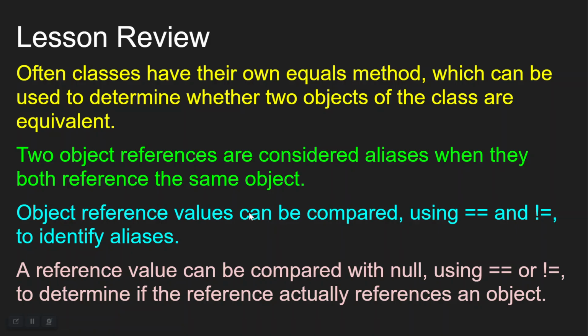Object reference values can be compared using equals equals and not equals to identify aliases. So if you want to test whether or not objects are aliases to one another, you can test them using those relational operators. A reference value can be compared with null using equals equals or not equals to determine if the reference actually references an object. And we're going to be looking at some practical applications of that in class.